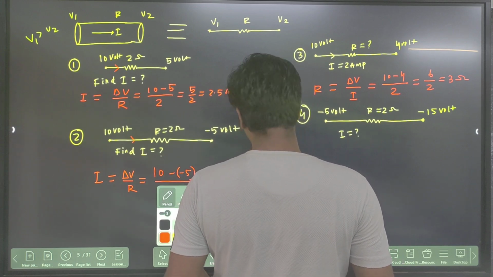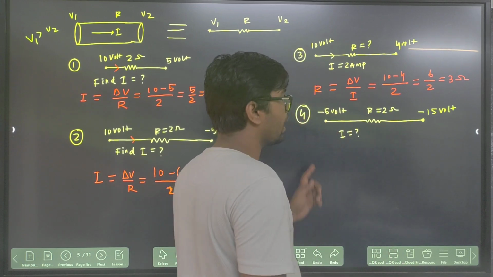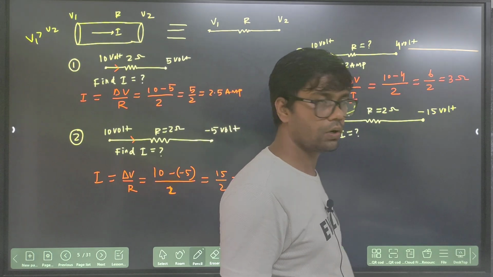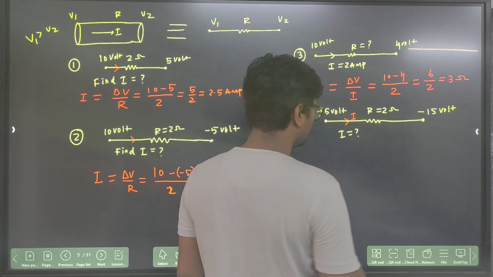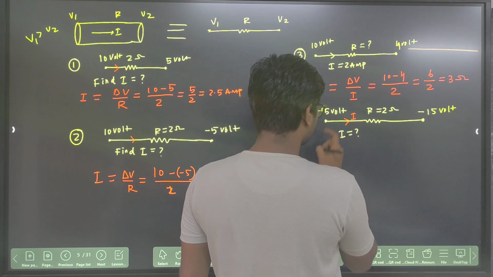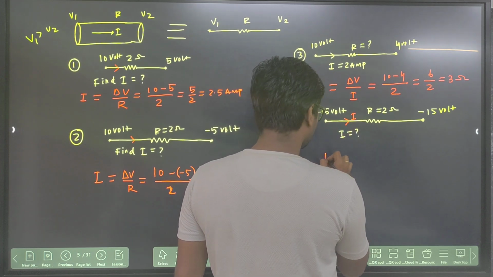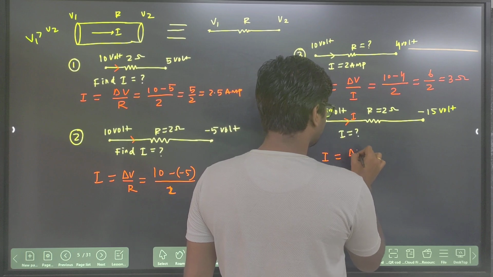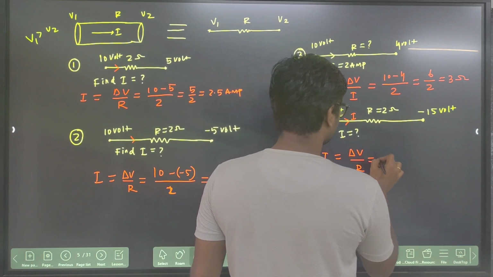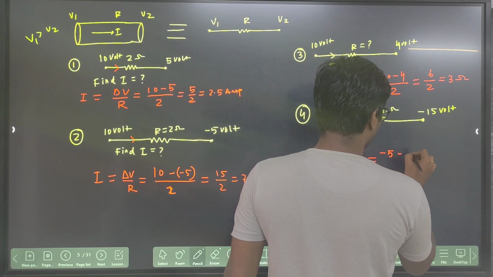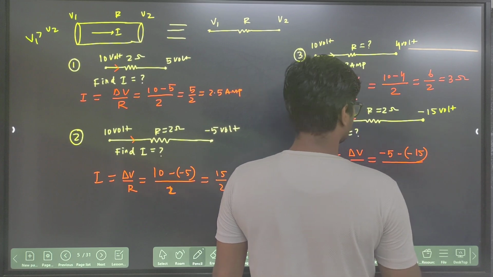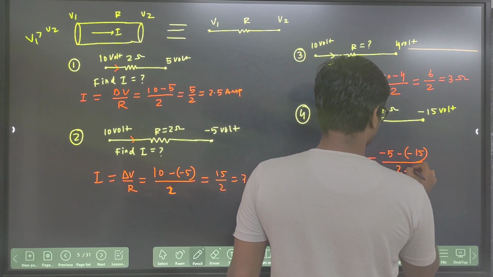So obviously you will say that minus 5 volt is a higher potential than minus 15 volt. The current will be flowing along this direction, clear, and how much current is flowing, I equal to delta V by R. Delta V will be minus 5 minus minus 15, divided by your resistance 2.